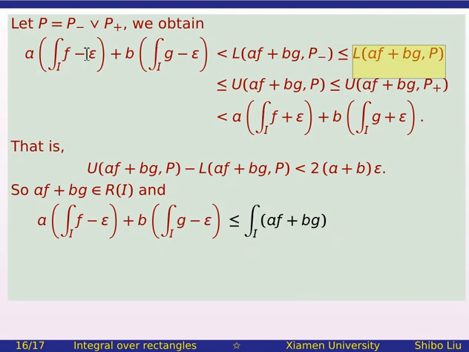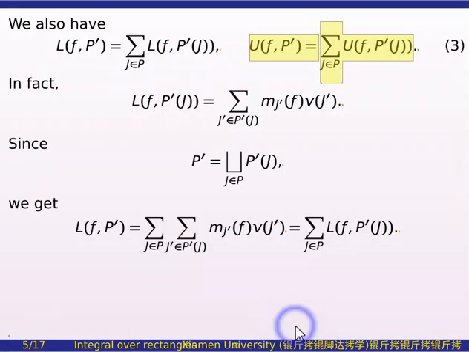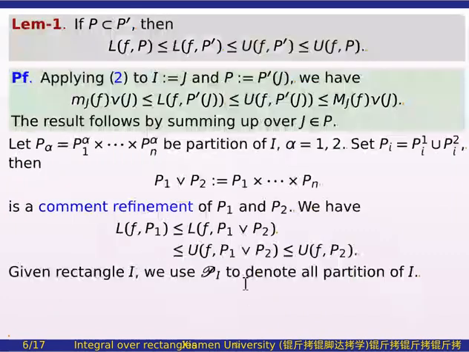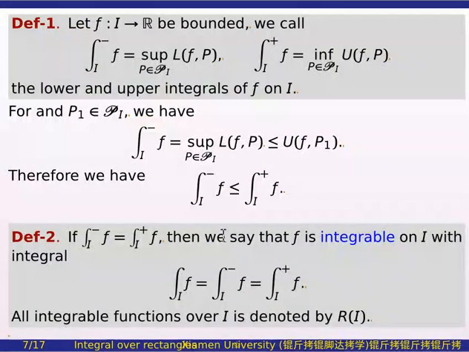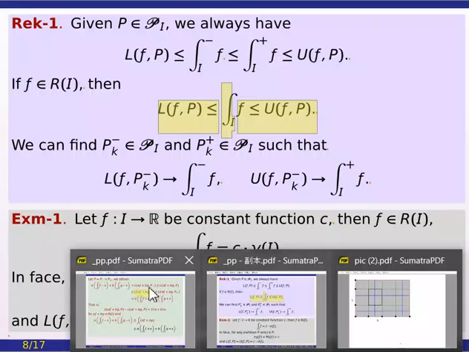Okay, so from this inequality, the left hand side will keep unchanged, and the right hand side will be not greater than the integral of AF plus BG, and the integral will not be greater than the upper sum. We mentioned that when the function is integrable, the integral always lies between the upper sum and the lower sum. Okay, so using this result, we have this inequality.